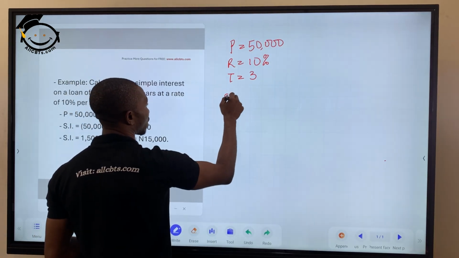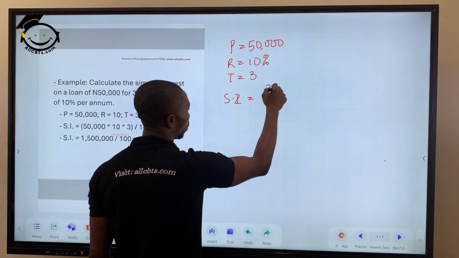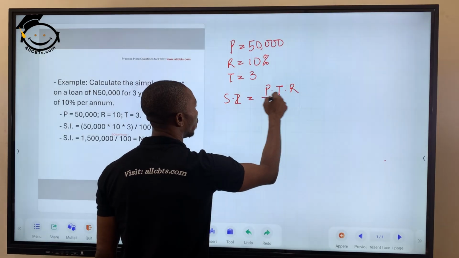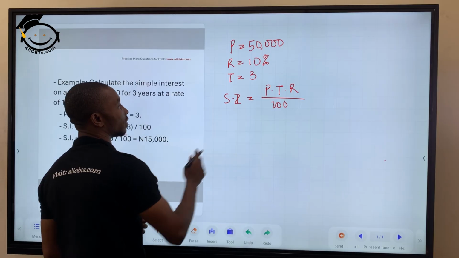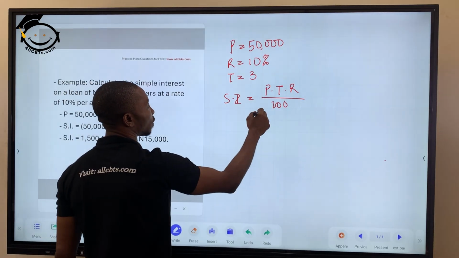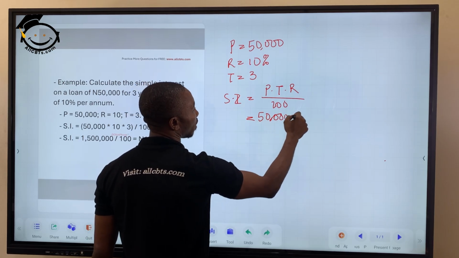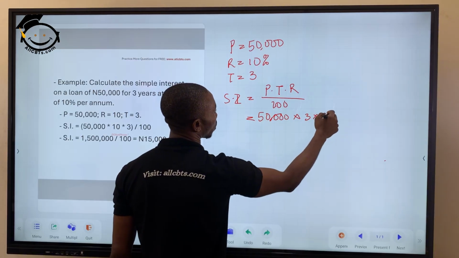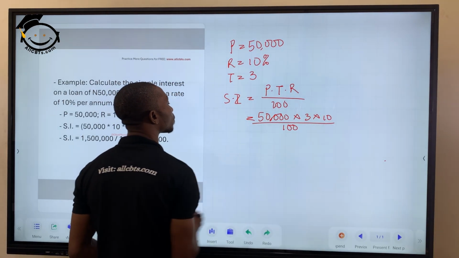Now, using our formula, simple interest equals principal times time times rate divided by 100. This gives us principal 50,000 times our time, 3, times our rate, which is 10%, all over 100.